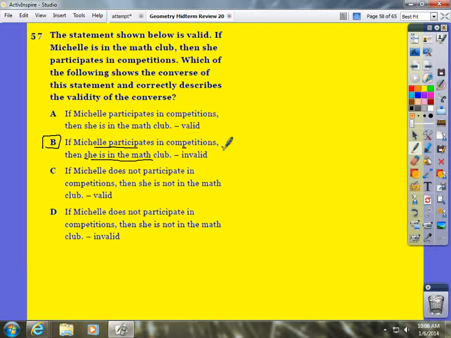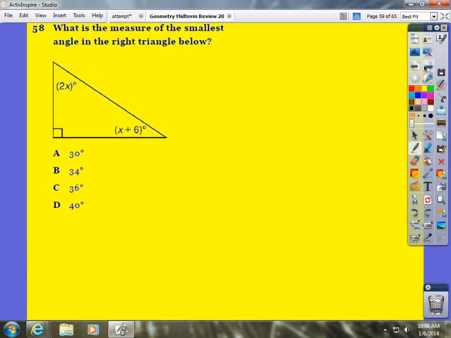Okay, the measure of the smallest angle in the right triangle below. The smallest angle. We know that 2x plus x plus 6 is going to equal 90 degrees. That means we have 3x plus 6 equals 90. Subtracting 6, 3x is going to equal 84.